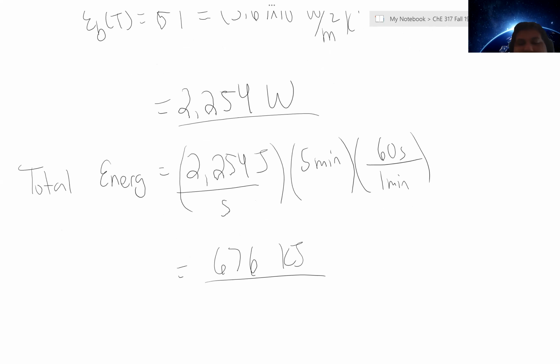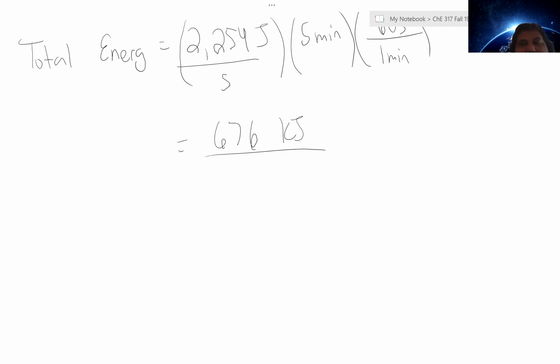The next question asked about the spectral blackbody emissive power. I have a wavelength of 3 microns. So for this, I have to look at Planck's law. So I'm looking at E_b lambda, lambda is 3 microns, T is 750.